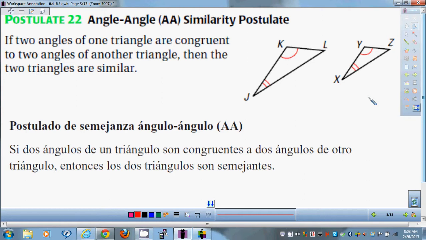If you know that 2 triangles have 2 common angles that are the exact same, that right there is enough to show that the triangles are similar.